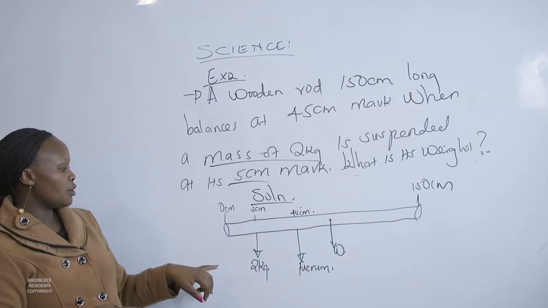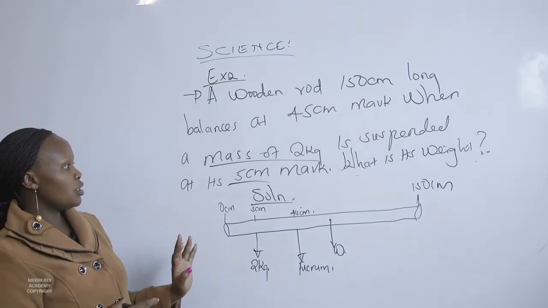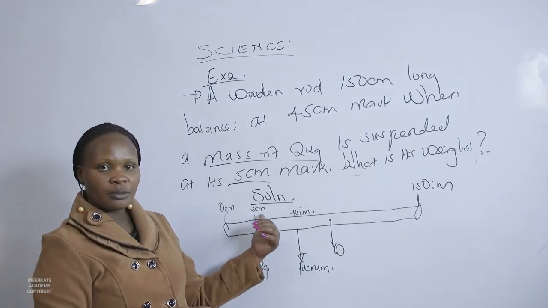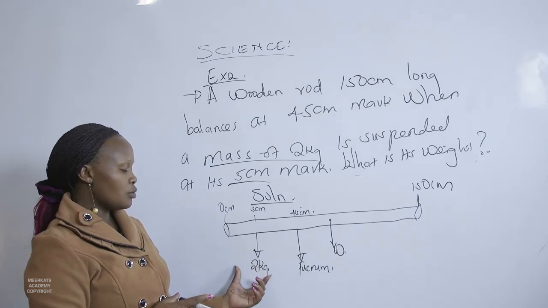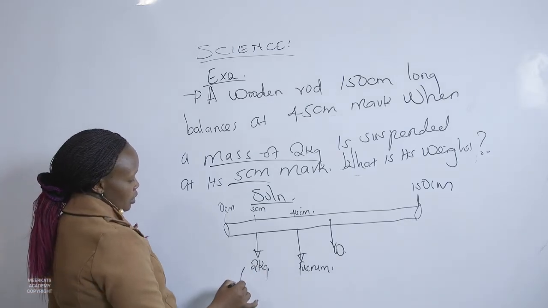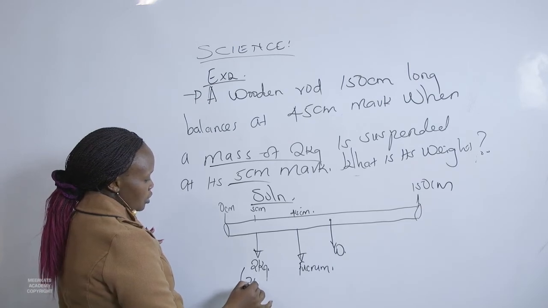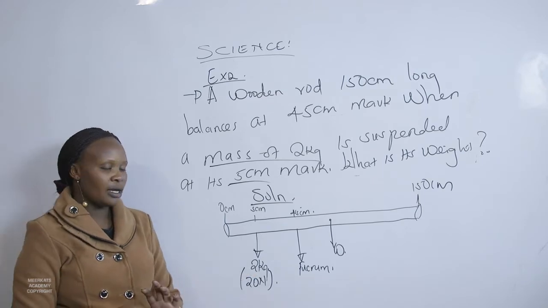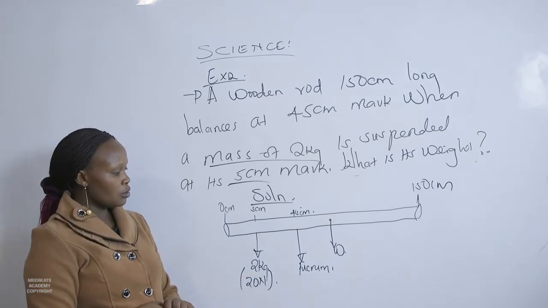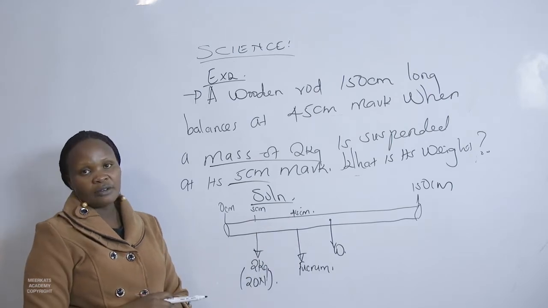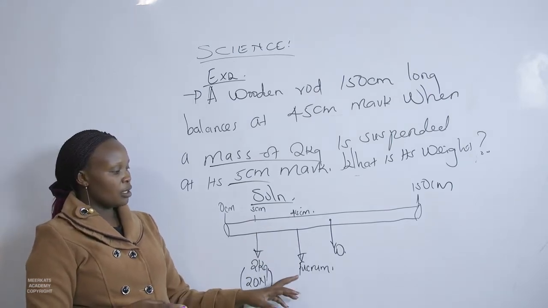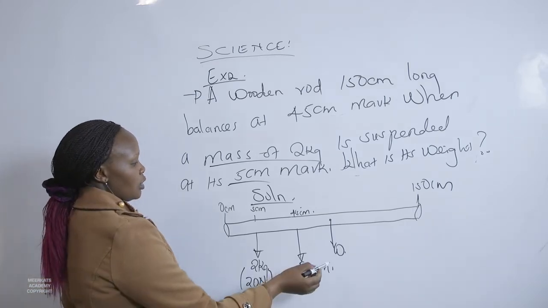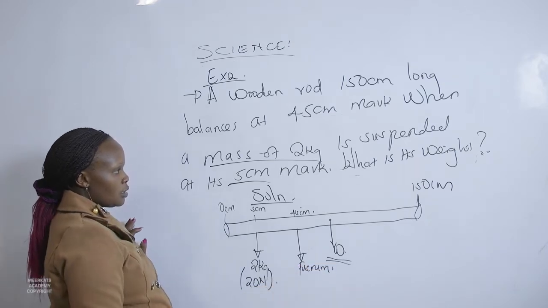Now, we have our rod, which is 150 centimeters long. At 5 centimeters mark, that is where we place our 2 kgs. 2 kgs is the same as 20 newtons. 2 kgs has a weight of 20 newtons. Then at the 45 centimeters mark is where we place our point of support, and then we are required to get the weight.